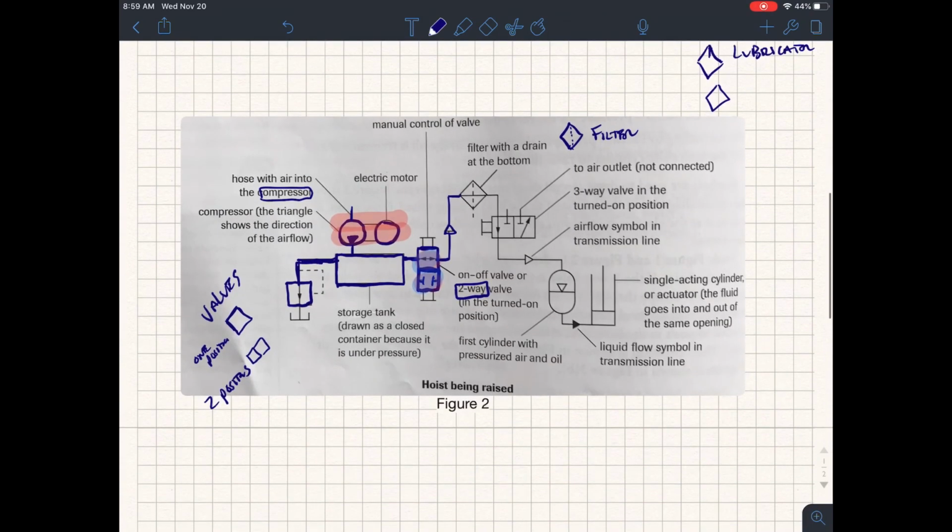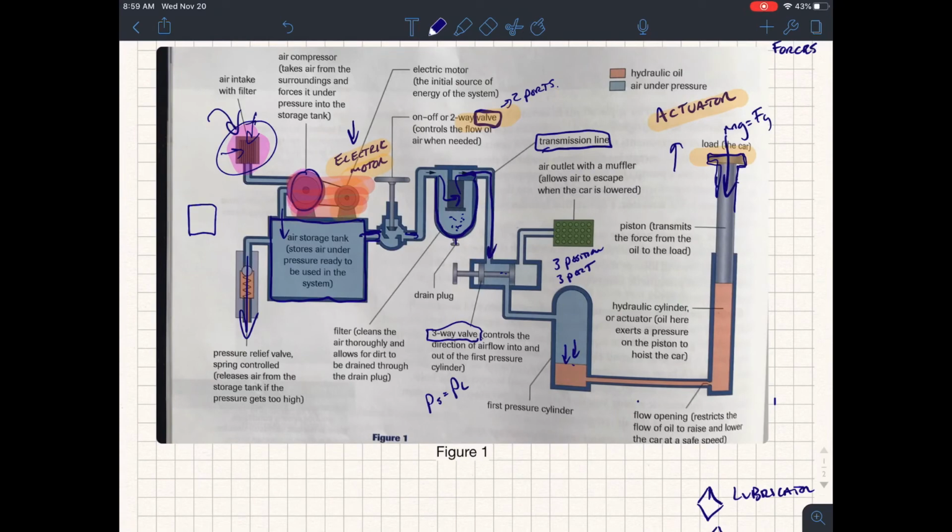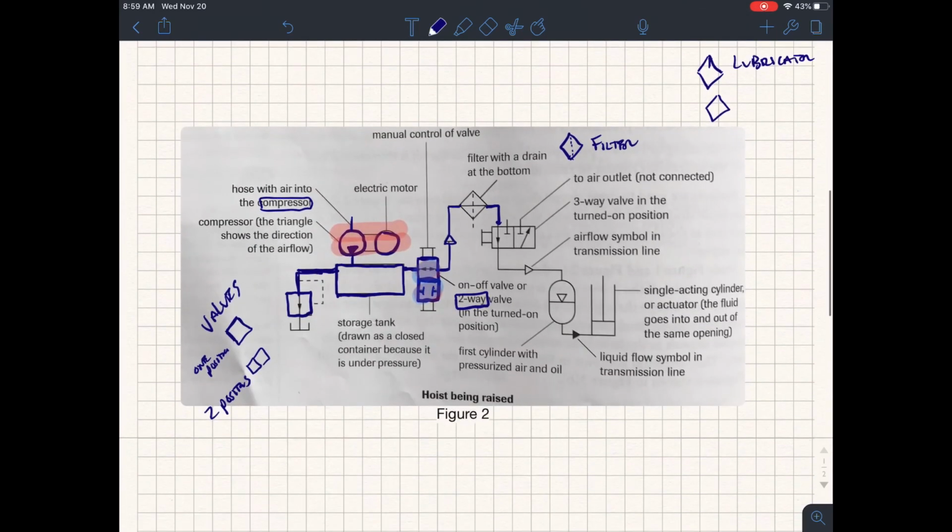So let's see what that looks like here. Coming out of the filter into a valve. You recall up here that this has three possible positions, and it's got three ports. And we take a look at this, and it has two different squares.